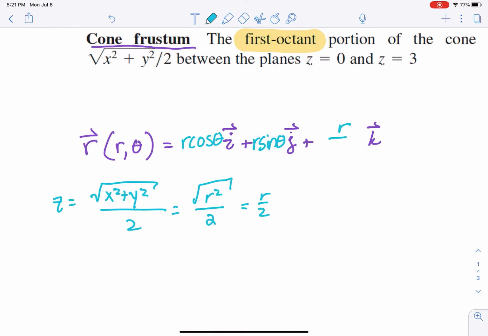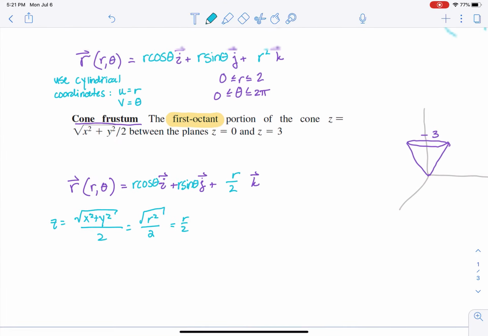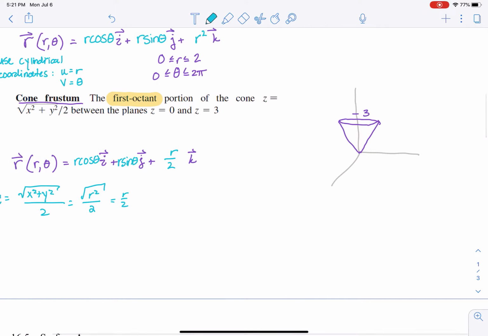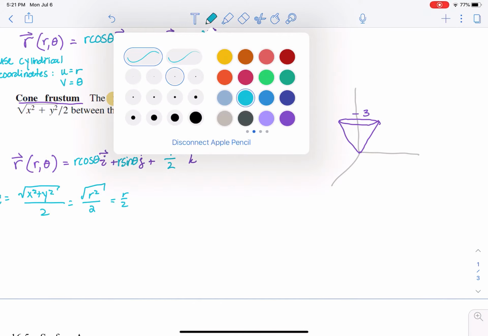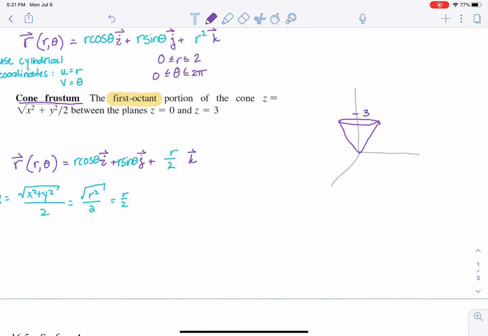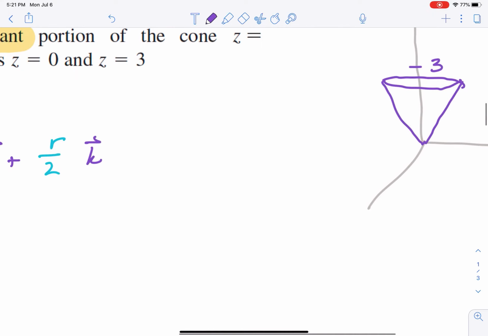That's pretty easy. And now we know that we need the height of it to be less than 3. So how can we do this? I see. So we can bound r halves, the z component in our parameterization, to be between 0 and 3.